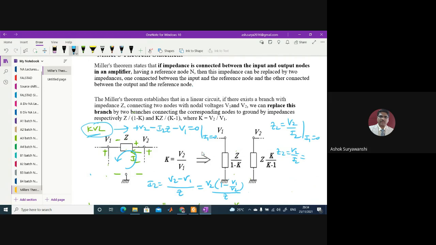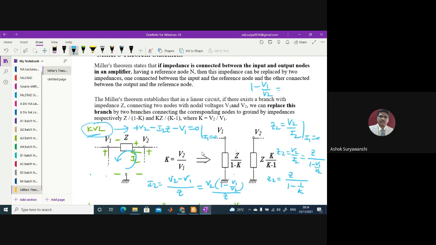it will be Z upon 1 minus V1 by V2. Okay, so the same thing we can write like this: Z2 equals Z upon 1 minus 1 upon K. For this term, I will write separately here 1 minus V1 upon V2.